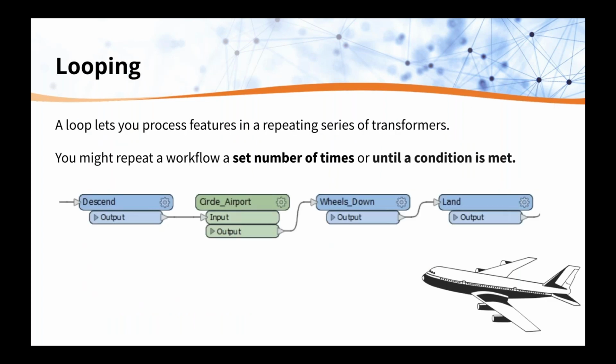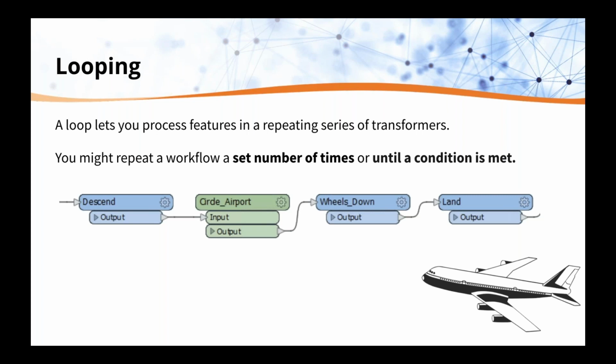Looping is another example of functionality unique to custom transformers, embedded specifically. It allows you to repeat a workflow until you get a desired result. You can think of this like an airplane circling a tarmac. The plane goes around and around, but only when the air traffic controller gives the okay will the plane exit the loop.